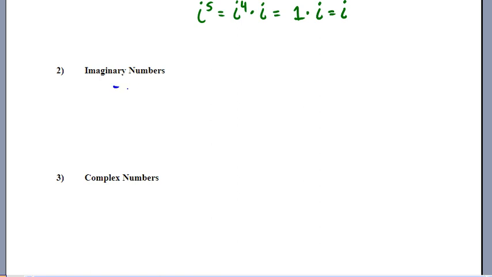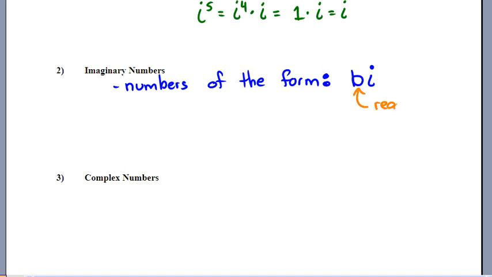And people would say, hey, these are going to be numbers of the form, some number, let's just call it B, but then multiplied by an I. So if it has that feeling, then it's going to be an imaginary number. Now this B is just going to be a plain old real number, a number that you'd find on the number line, but then that's bumped onto an I.